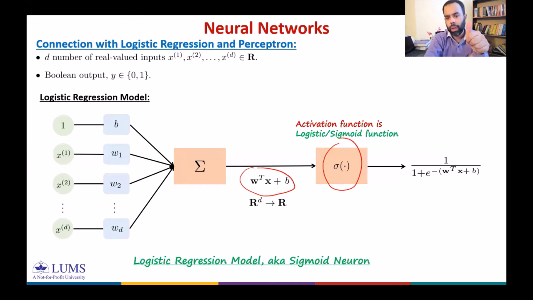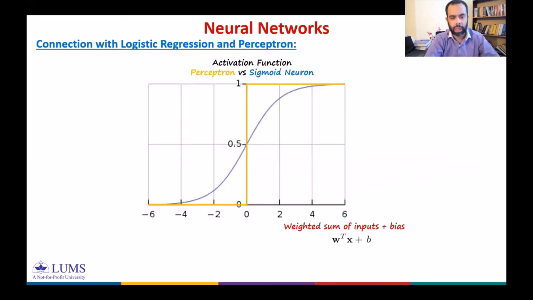So in perceptron, the activation function is a step function. In sigmoid neuron, we replace the activation function with a sigmoid function. If we compare the characteristics of perceptron versus sigmoid neuron, in perceptron we only have two outputs, either 0 or 1, and we have a sharp transition from 0 to 1. If the weighted sum is greater than or equal to 0, you get 1; if less than 0, you get 0. But in sigmoid neuron, you can have any values between 0 and 1.